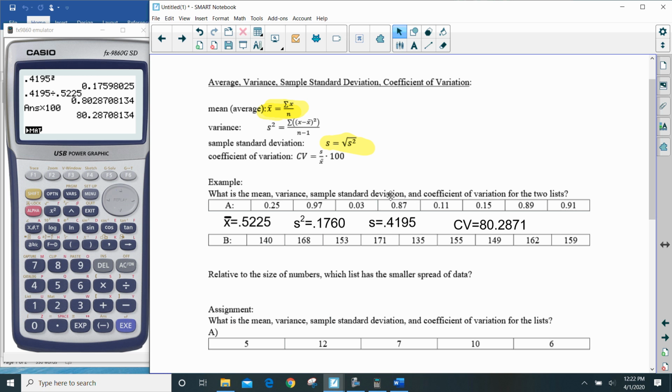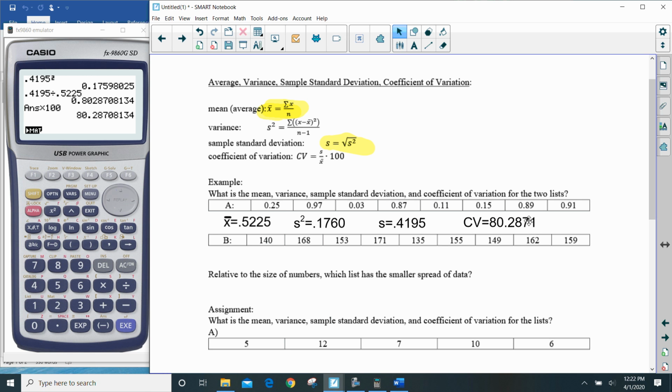Kind of like the distance between any of these random numbers is 0.4195. Now that number doesn't really make much difference. It doesn't really mean much, but yeah, so it means something, but really what this is going to be related to, the coefficient of variation, is how big is this spread, 0.4195. 0.4195 is pretty big when you're talking about these types of numbers.